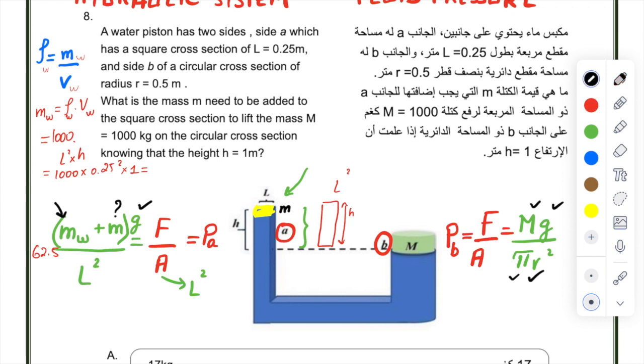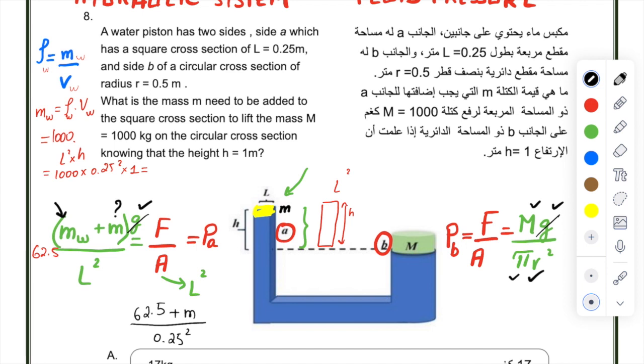On both sides, we can simplify by G. So rewriting the formula again, here I have 62.5 plus the unknown mass, divided by L squared, which is 0.25 squared.